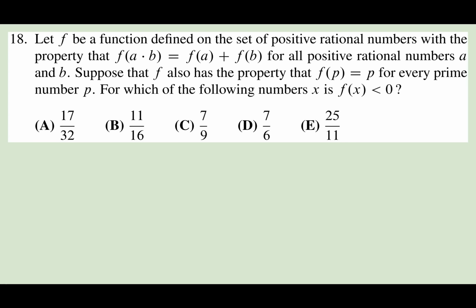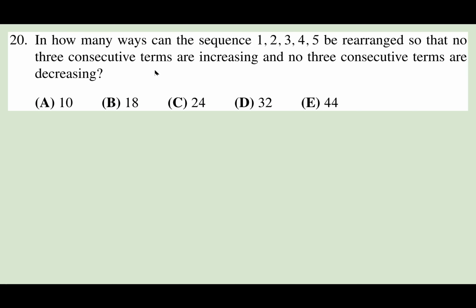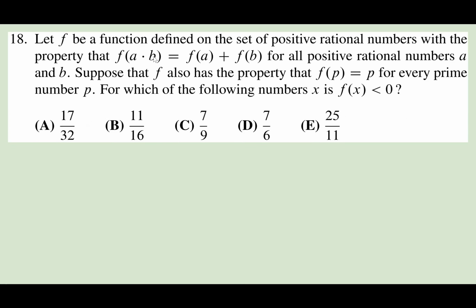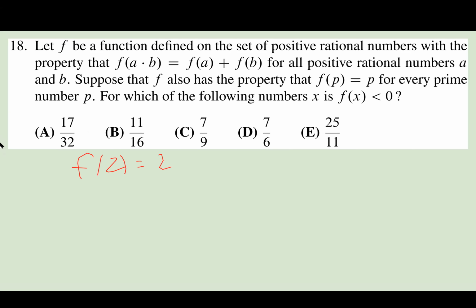So, f of a times b equals f of a plus f of b, but also f of any prime equals itself. So f of 2 equals 2, f of 3 equals 3, right? But now if we think about it, what's f of 1?